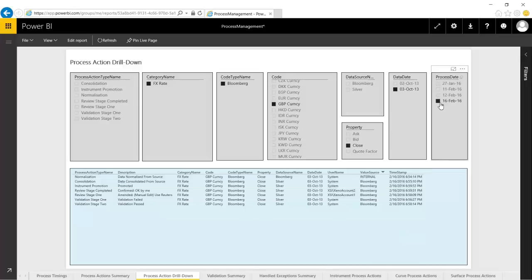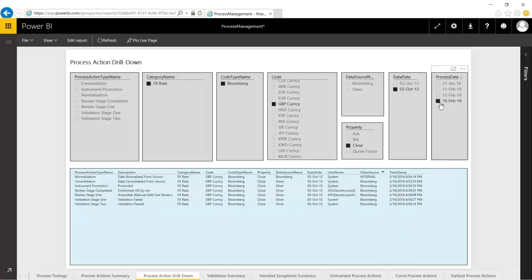So the close price for GBP currency, we can see it was normalised, it was consolidated, it was validated by two people, and then it was finally promoted from the silver database to the gold database. And we can actually see with a username who was responsible for processing that particular exception.